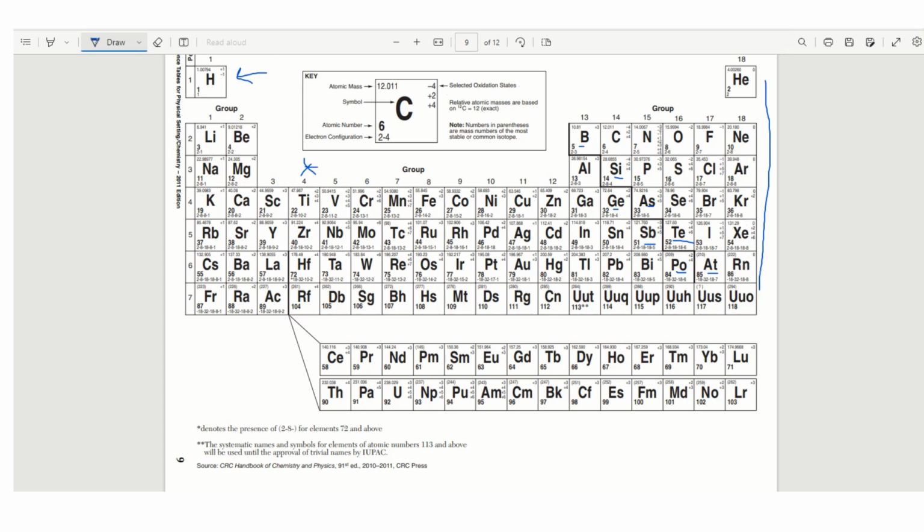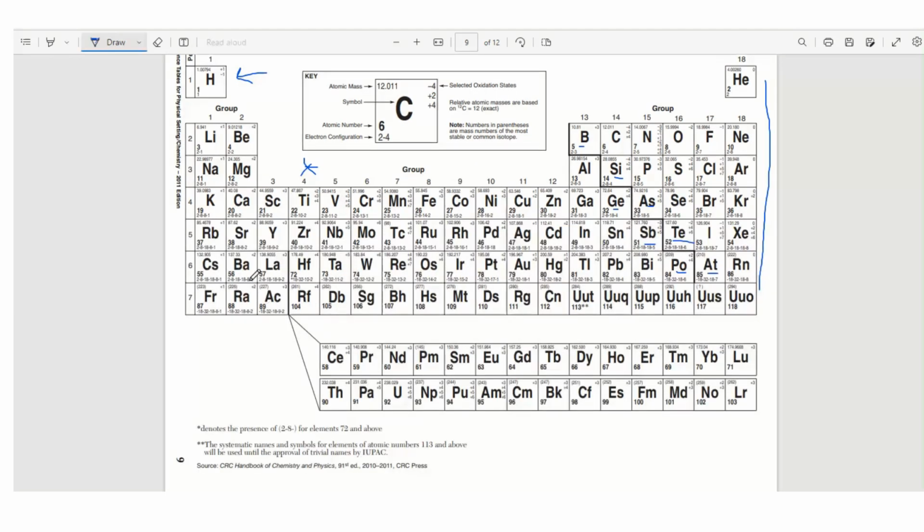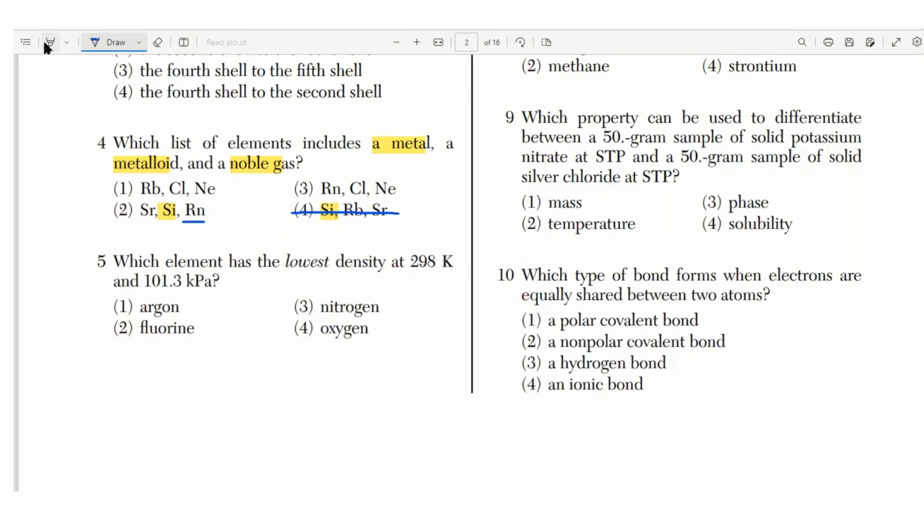Let's go back and see if any of the ones I already selected have one. This one does not have a noble gas, so that's wrong. But look right here, radon. That is a noble gas. So if this is a metal, that's my answer. Strontium is right here, an alkaline earth metal in group 2. So the correct answer is number 2.